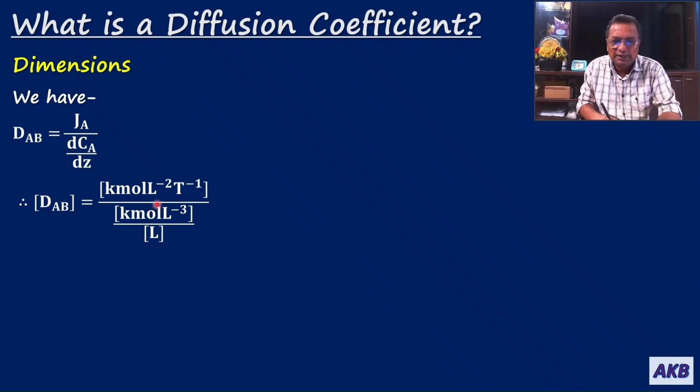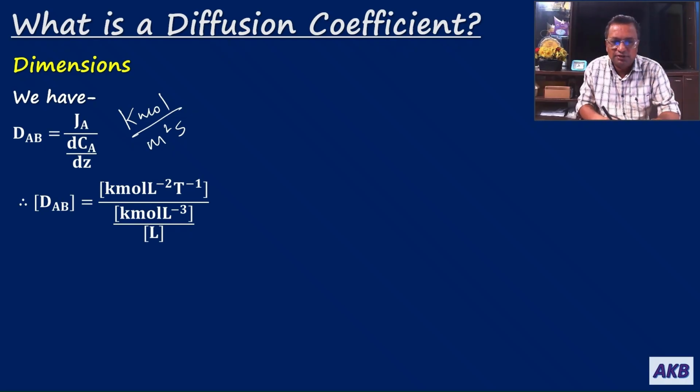Kilomole L raised to minus 2 T raised to minus 1, because the unit for molar flux is kilomole per meter square per second, or it could be mole per meter square per second. So it is kilomole, length raised to minus 2 and time raised to minus 1.